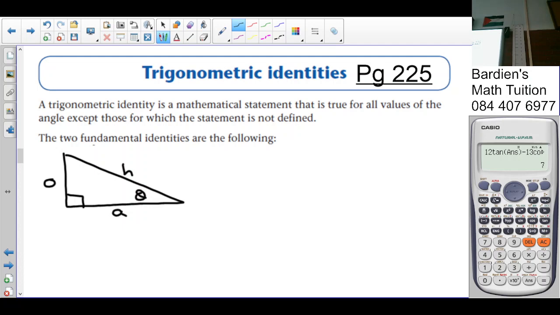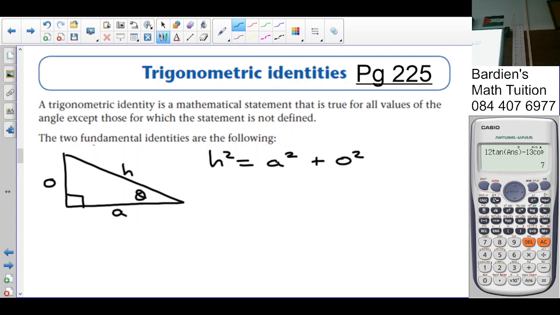Can you set up an equation using O, A, and H? Yes, you can. Well, which one? H squared is equal to A squared plus O squared.